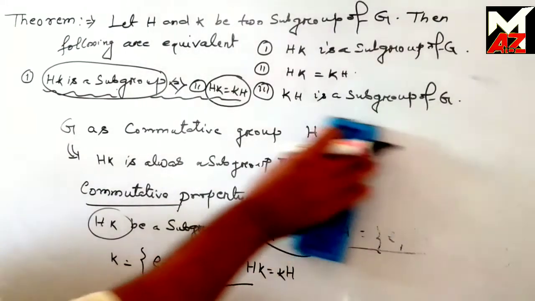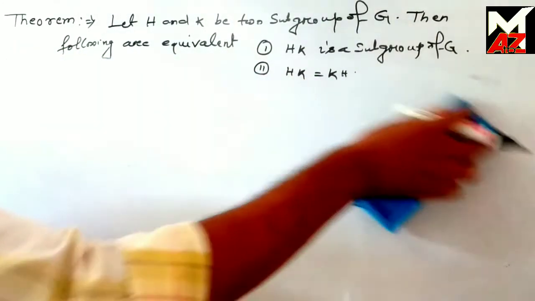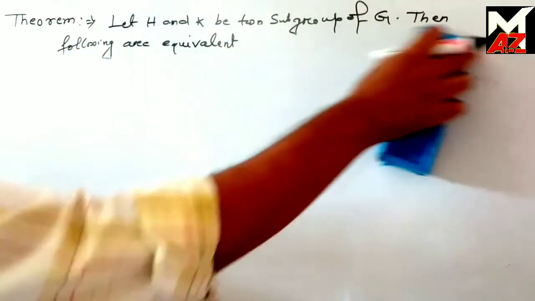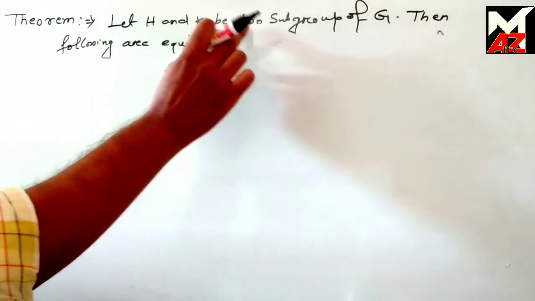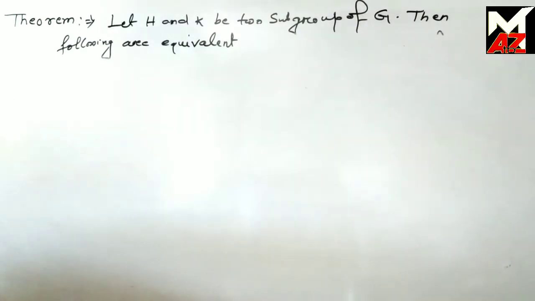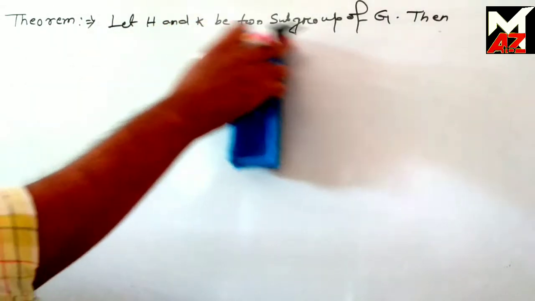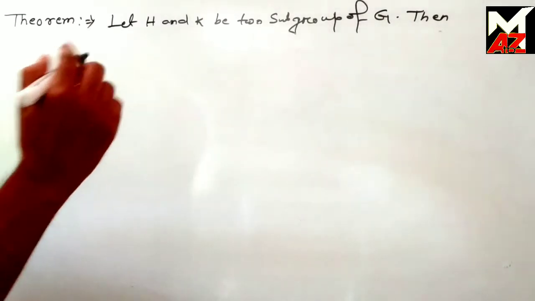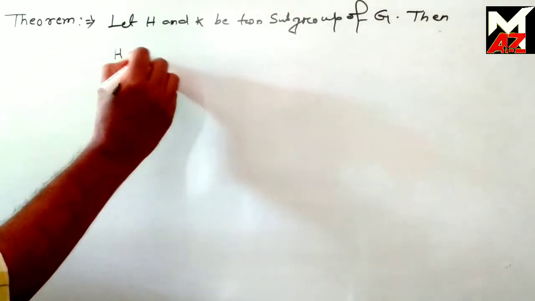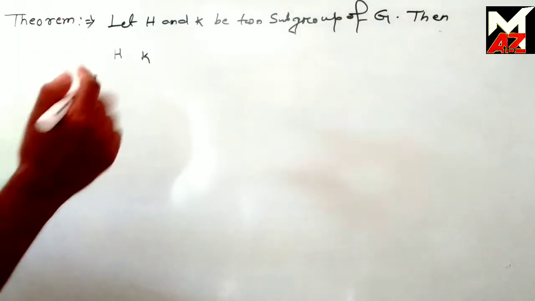Now we go to another important observation, that if H and K are 2 subgroups of G, then HK may be a subgroup of G or may not be a subgroup of G. But since H and K are both subgroups of G, both are non-empty.